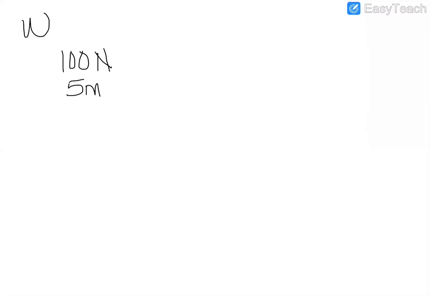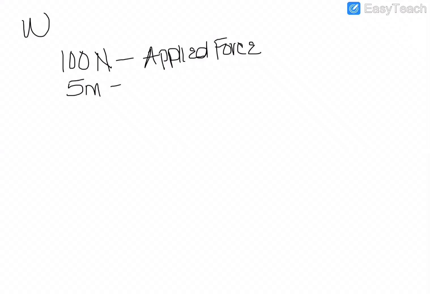So, from this question I just read, we know that 100 N is the applied force. And we know that 5 meters is the distance. What we do not know is the W, the work.